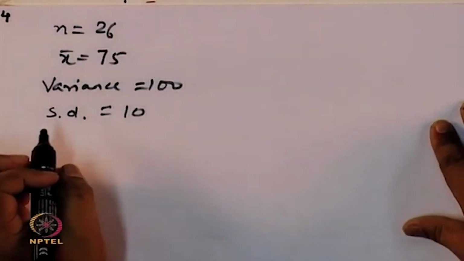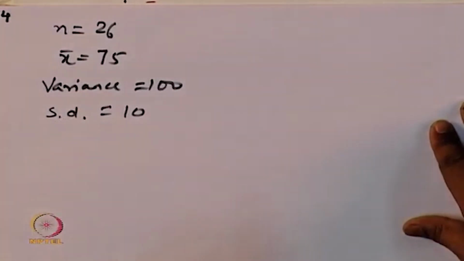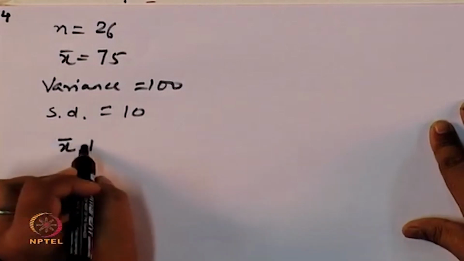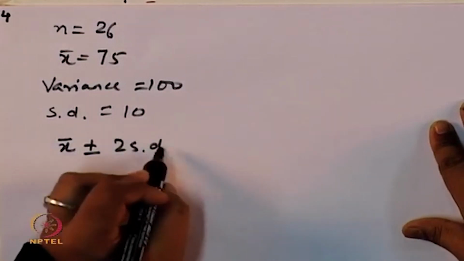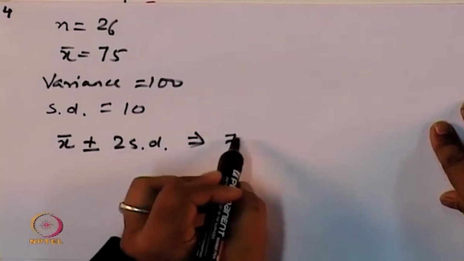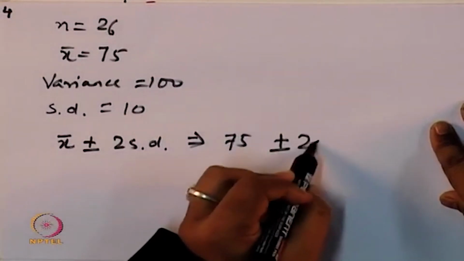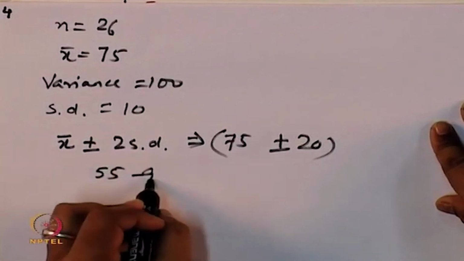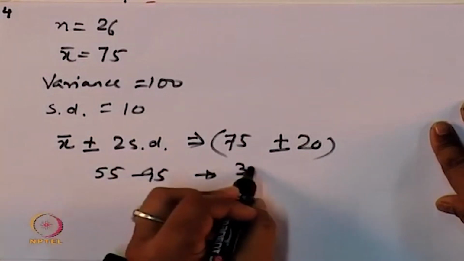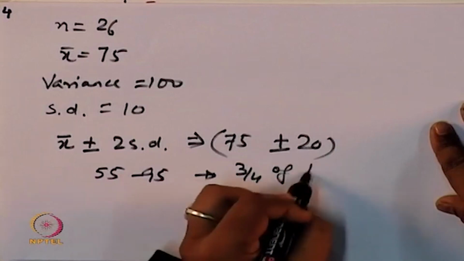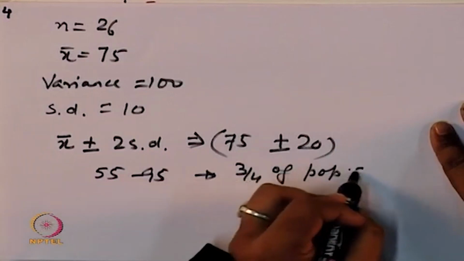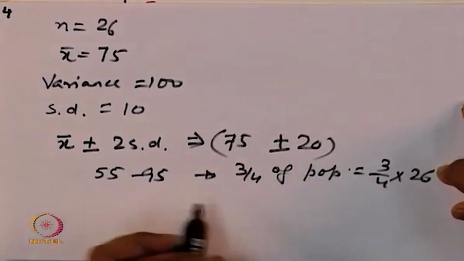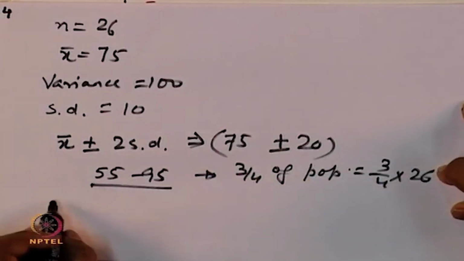So, if n is equal to 26, then between x bar plus or minus 2 times the standard deviation, which would mean 75 plus or minus 20, so between the values 55 to 95, you will have 3/4 of the population, that is 3/4 into 26 observations will be within this range.